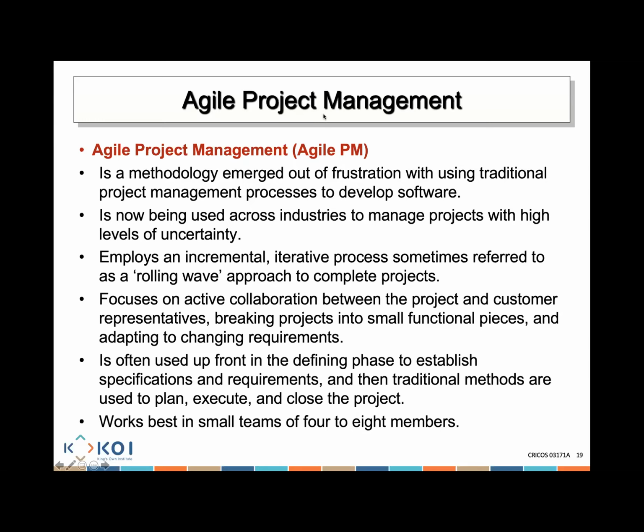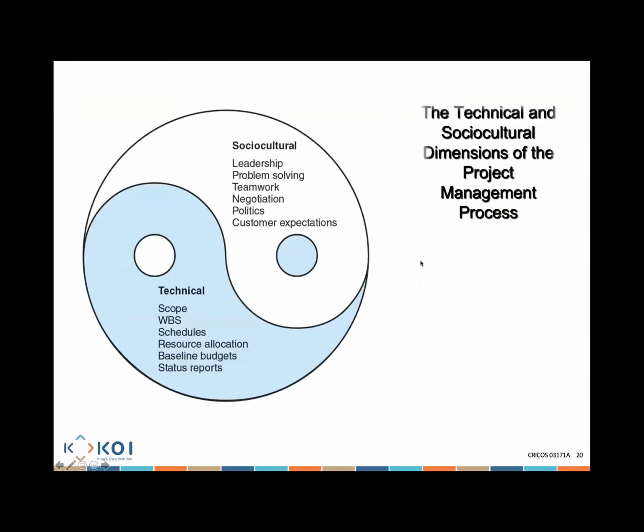So the way we operate in agile and traditional project management are different, but we'll talk more about them in due course. Now, I want you to know that there are two sides of project management we need to bear in mind. It's a lot of skills I need. You cannot deliver a good project unless you have good socio-cultural skills. You need to be a good leader in project management.